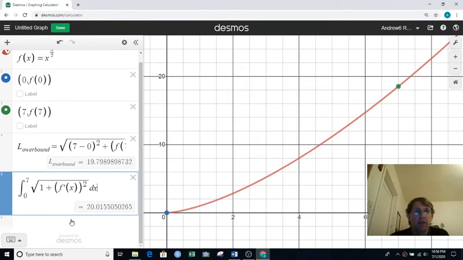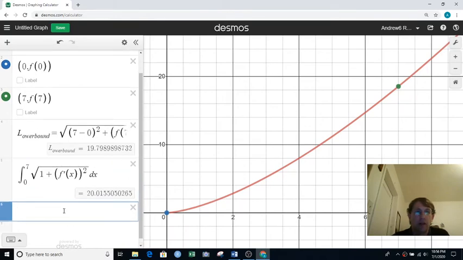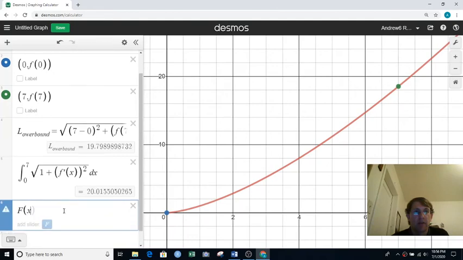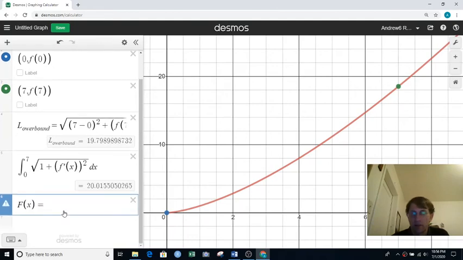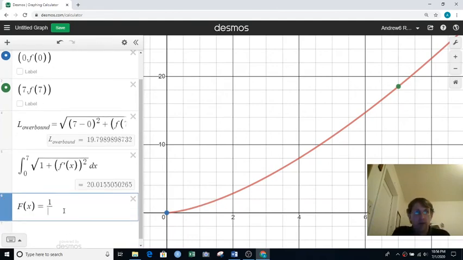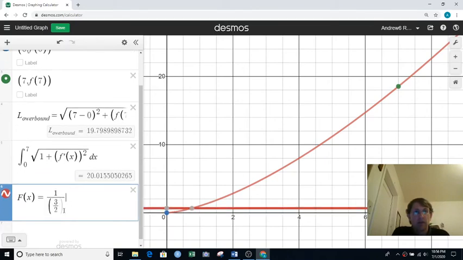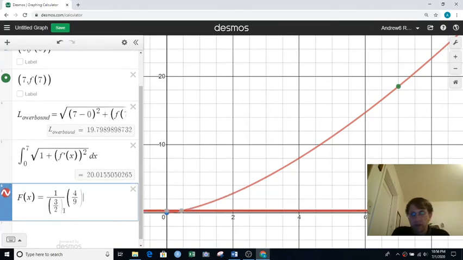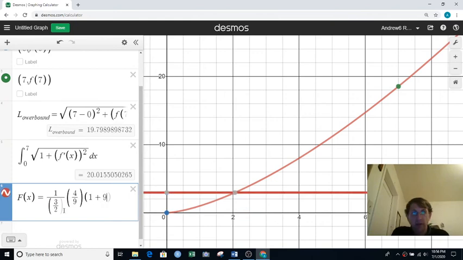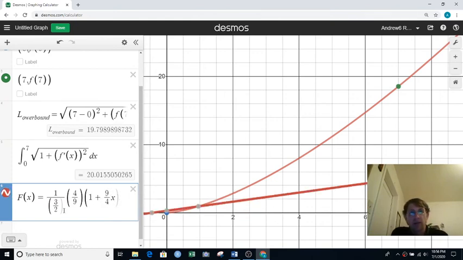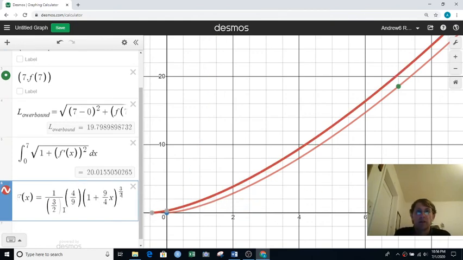But that's not showing that we know how to do the calculus by hand. Our antiderivative, so let's call that f of x, was 1 over 3/2, 4/9, 1 plus 9/4 x to the 3/2. Now actually I don't really care what that antiderivative looks like.